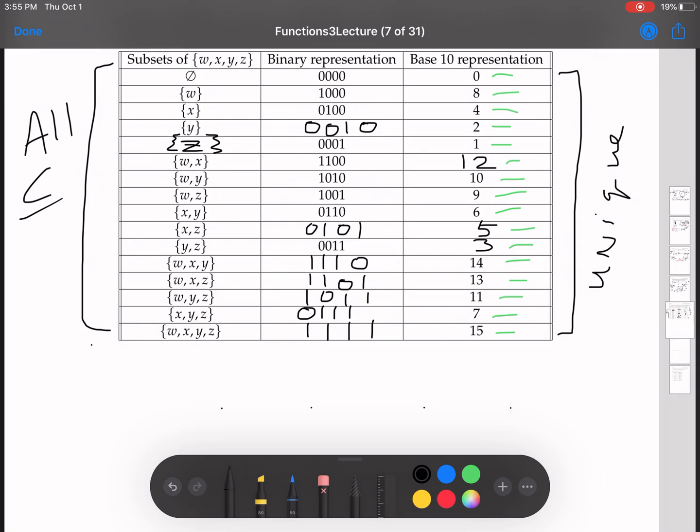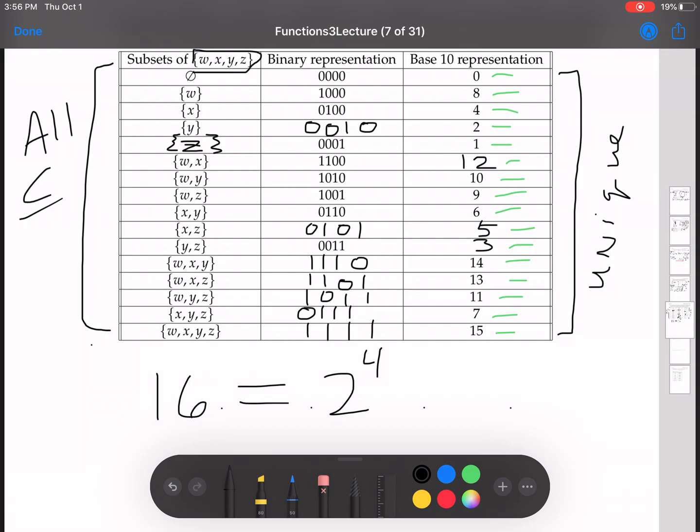So we have a one-to-one and onto function between the subsets of w, x, y, z and all the base 10 integers between 0 and 15 inclusive. There's 16 of those numbers, so that means there's got to be 16 subsets. 16 is 2 to the 4th.